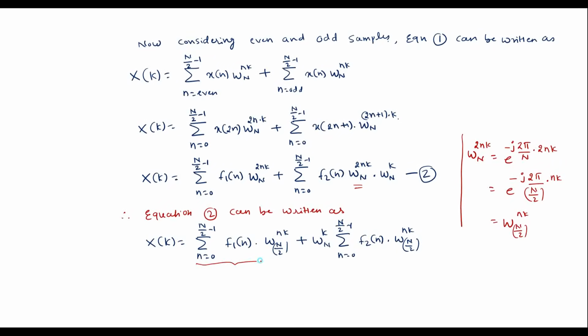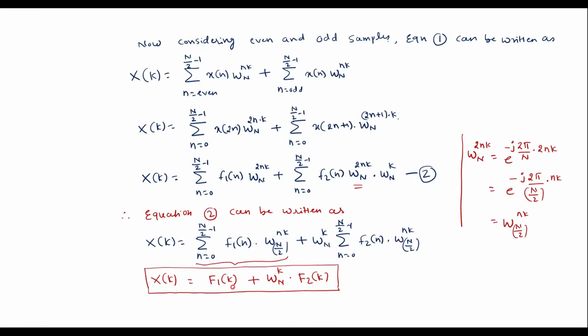Here the first term is nothing but the DFT of f1 of n, which is F1 of k, an N by 2 point DFT, plus W_N power k times the DFT of f2 of n, which is F2 of k. That is X of k, in terms of the decimated sequences F1 of k and F2 of k, which are N by 2 point DFTs. I will call it equation 3.